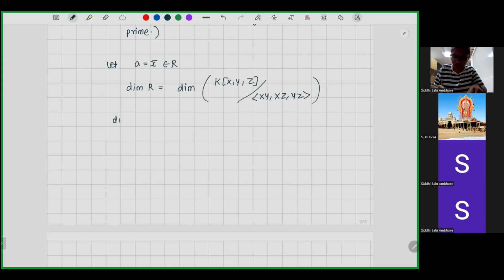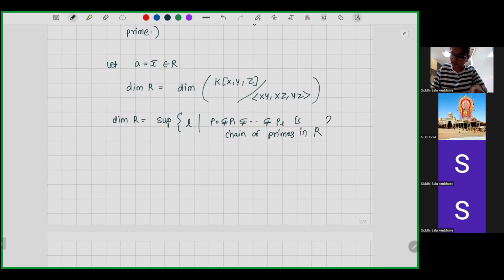So the dimension of R is the supremum of the L such that we have a chain of primes in R.